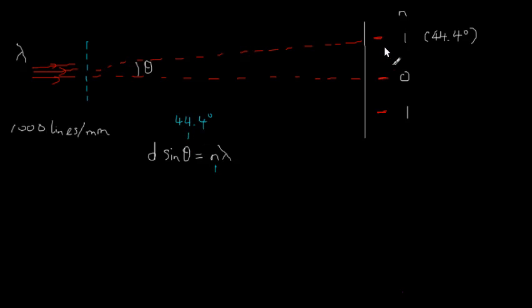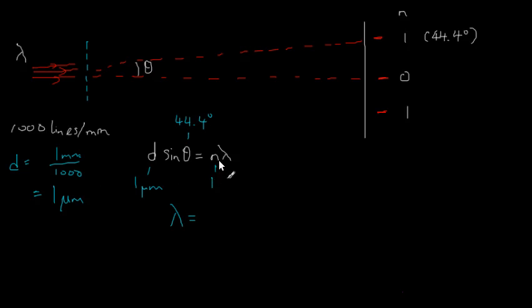I'm doing it for the first fringe, so n is just 1. And I also need d. Now d is just the spacing between the slits, so d would be 1 mm divided by 1000. That would be 1 micrometer. So now I have all I need to find lambda.